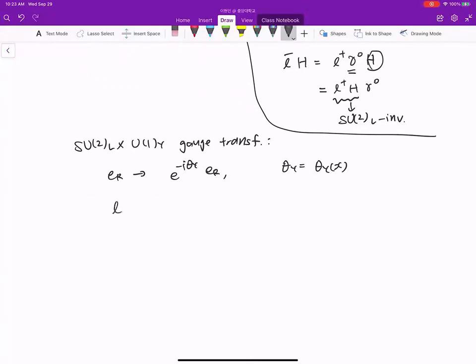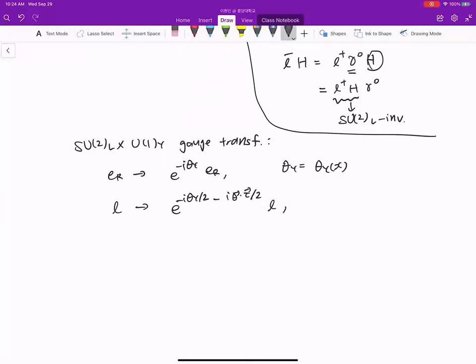And in the case of the lepton doublet, with the same gauge transformation parameter, but we need to divide by 2 because the transformation depends on the charge assignment. And the SU(2) transformation requires introducing additional transformation parameters.